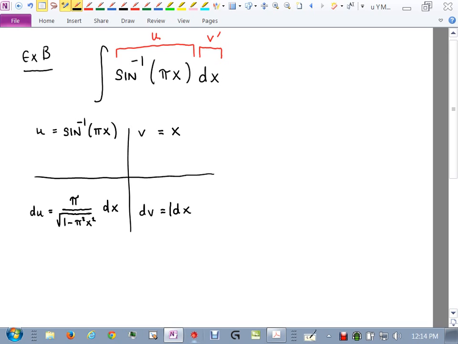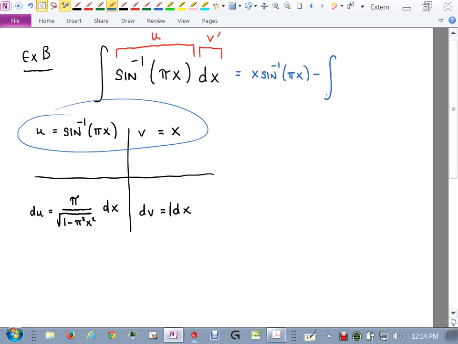Questions? This equals then, by the integration by parts formula, ultraviolet. So here's ultraviolet right across here. So x arc sine pi x minus integral of voodoo.